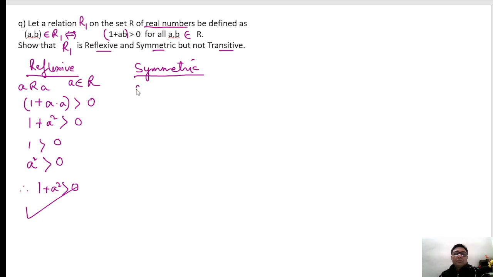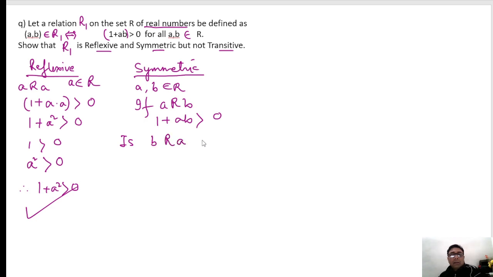Okay, we will choose A and B from any real number and let's apply now. First we will see A R B. A R B means 1 plus AB is greater than 0. Now we will test whether B R A is valid.